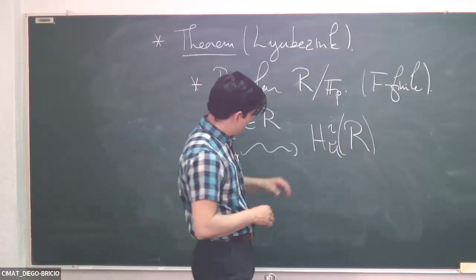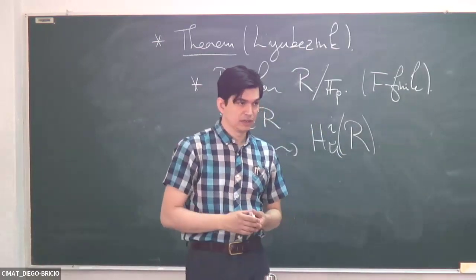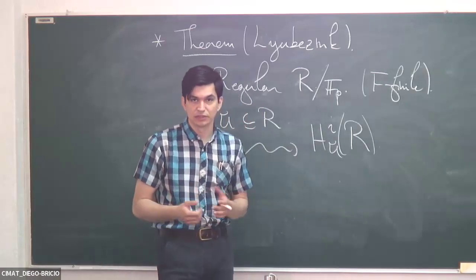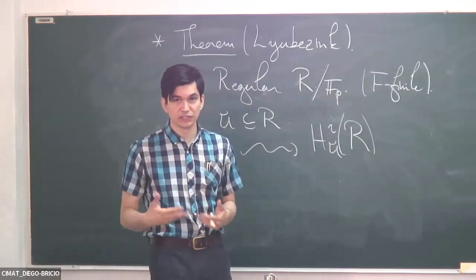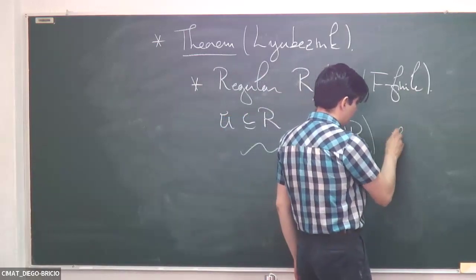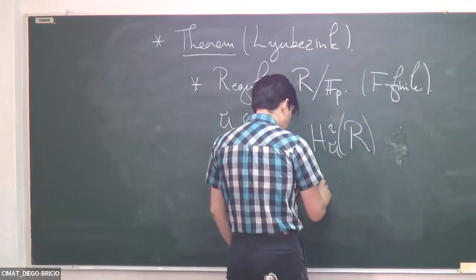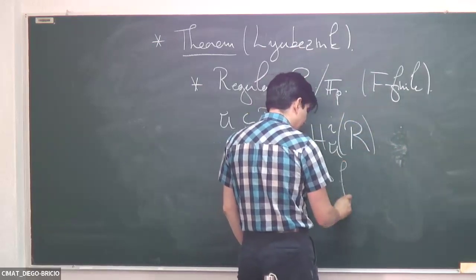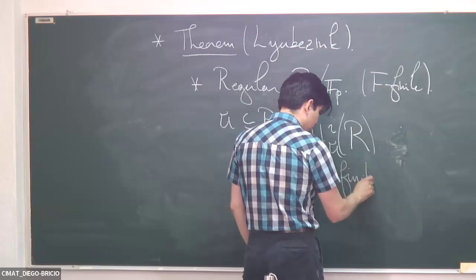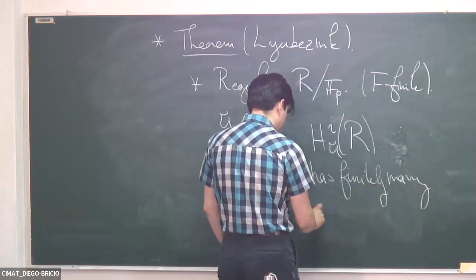However, even if they are not Noetherian, they seem to enjoy many finiteness properties that Noetherian modules or finitely generated modules do. So the theorem is that they have finitely many associated primes.